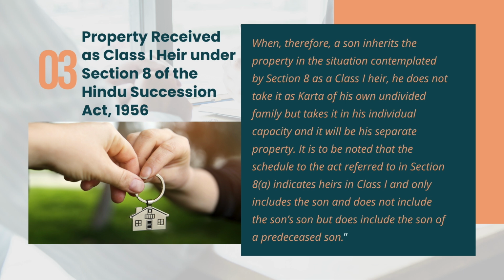It is to be noted that the schedule to the Act referred to in Section 8 Clause A indicates heirs in Class 1 and only includes the son and does not include the son's son, but does include the son of a predeceased son.